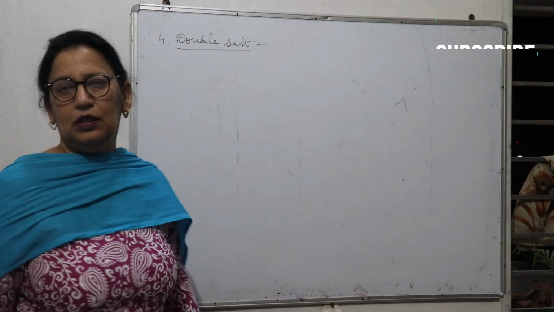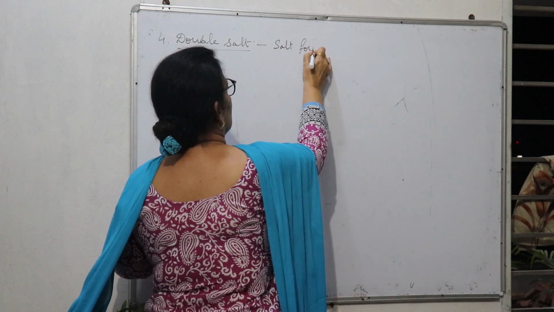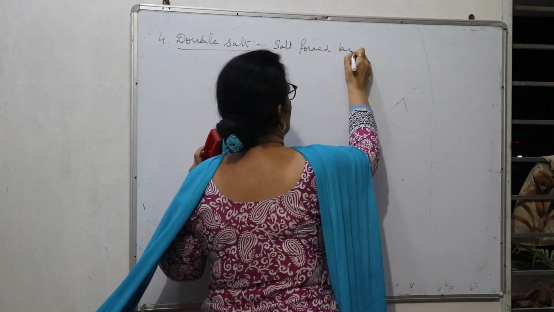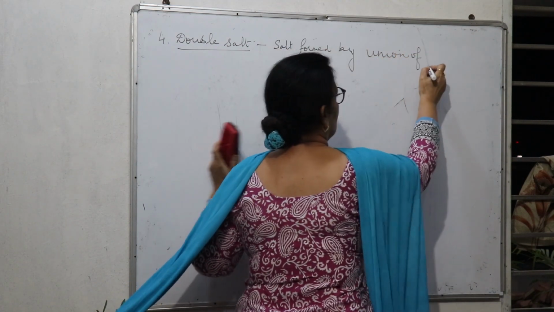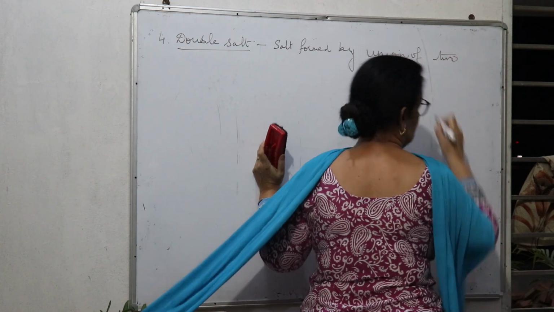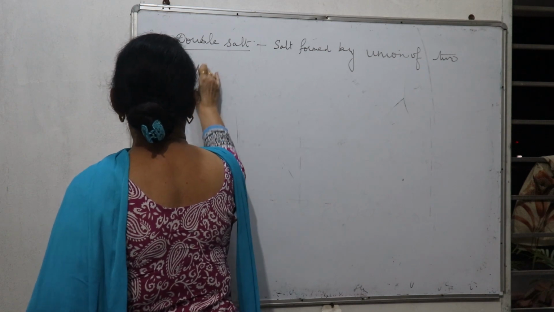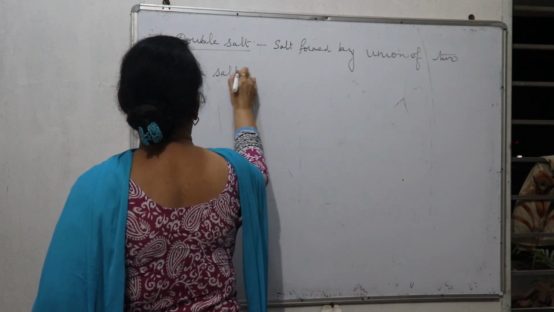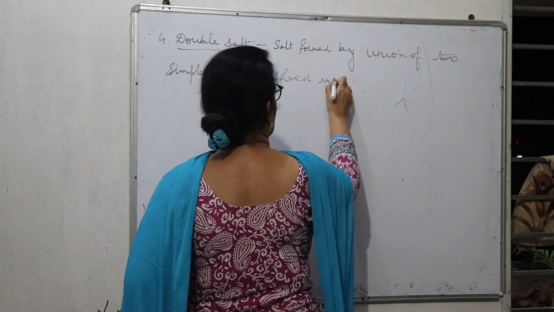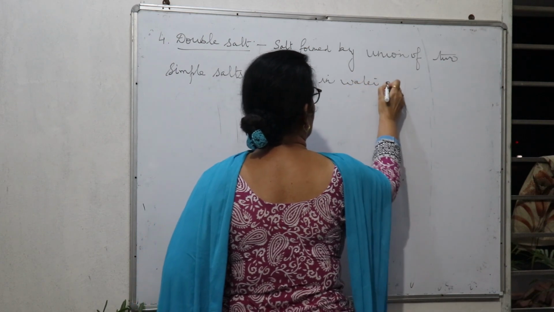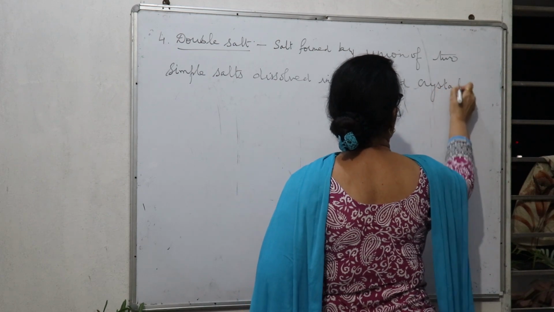A double salt is a salt formed by the union of two simple salts, dissolved in water and then crystallized.